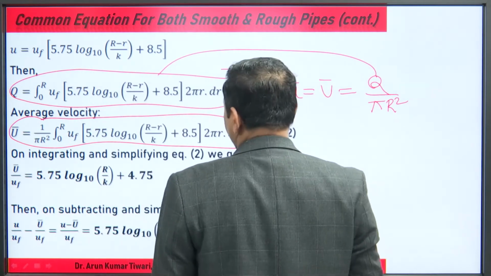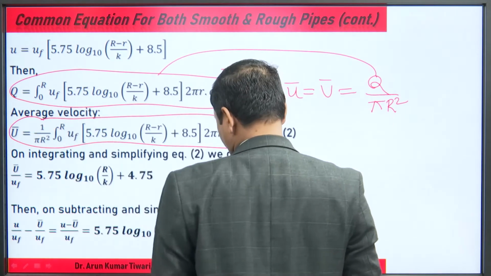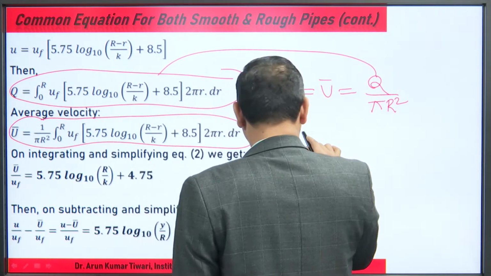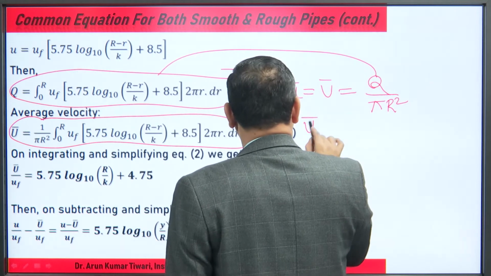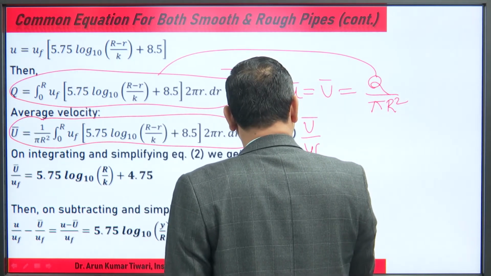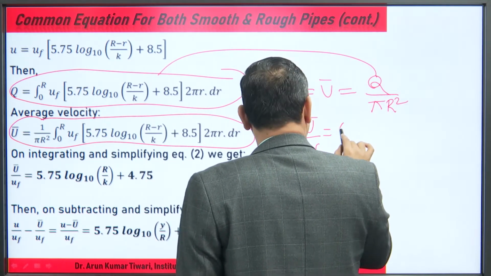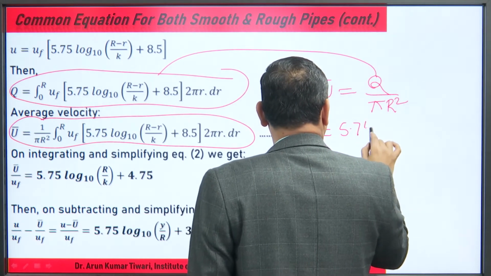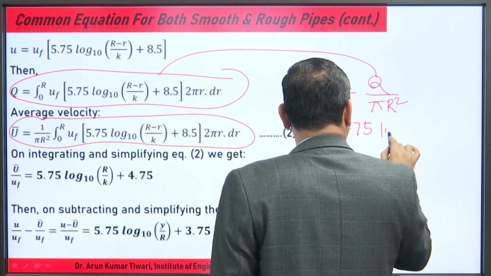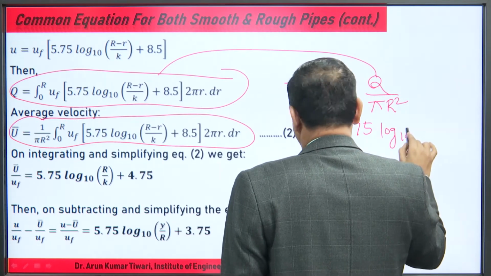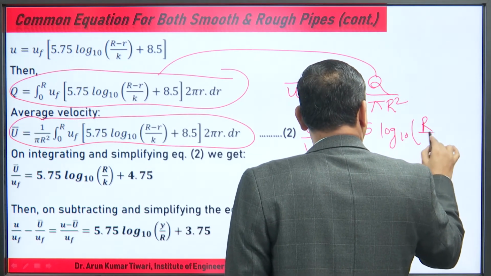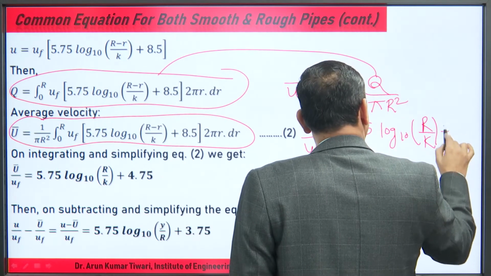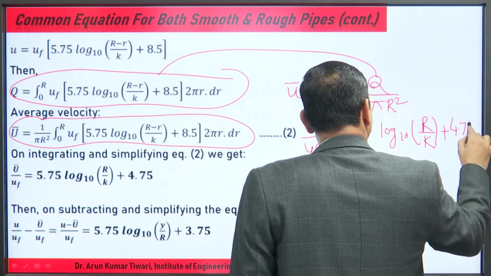If you integrate and simplify, we get the average velocity upon shear velocity equal to 5.75 log 10 R upon K plus 4.75.